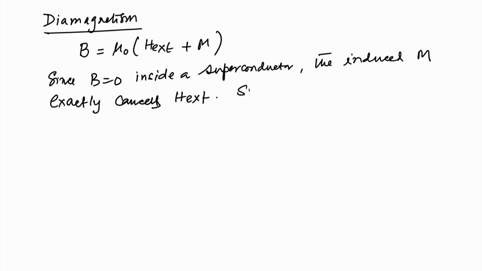So, susceptibility chi equal to m by H external becomes equal to -1, and as we have said earlier, nothing is more diamagnetic than a superconductor. In fact, the best of the diamagnetic metals have susceptibilities which are extremely small, of the order of 10 to the power minus 5 to 10 to the power minus 6.